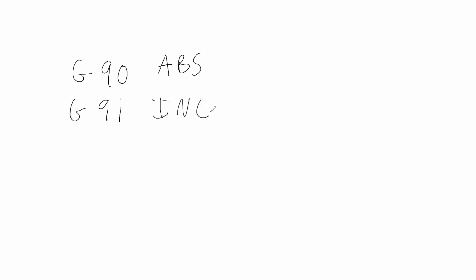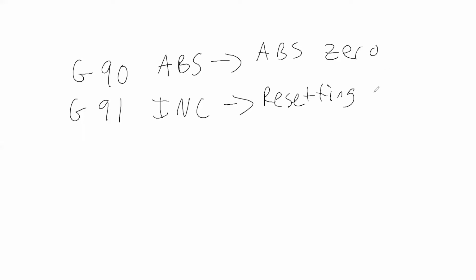All right, guys, in the first video, we went over G90 absolute programming and G91 incremental programming. If you guys recall, G90 is coming off a fixed point, absolute zero, and G91 incremental will be moving, kind of resetting your zero from your last point.